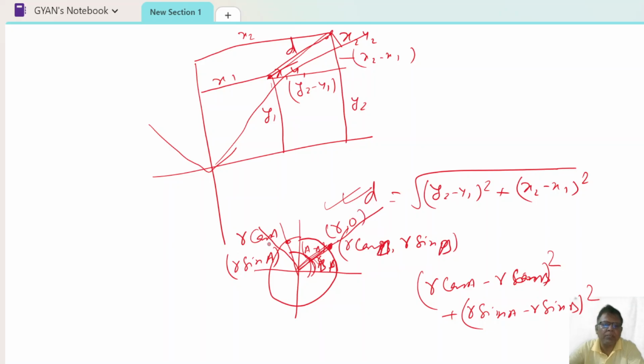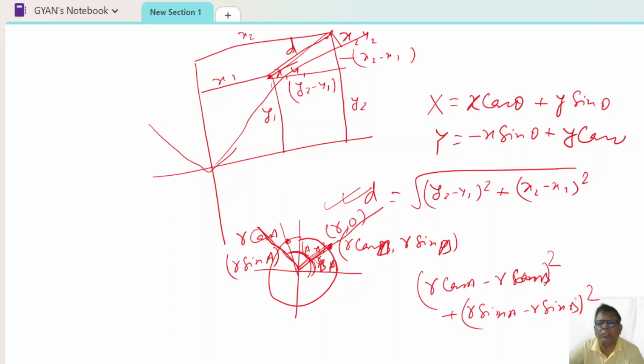And this angle is A minus B, so this coordinate will be found by the formula: x is equal to x cos theta plus y sin theta and y is equal to minus x sin theta plus y cos theta.